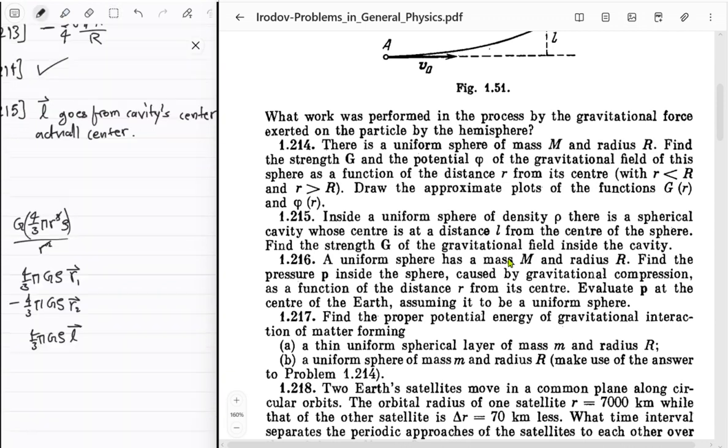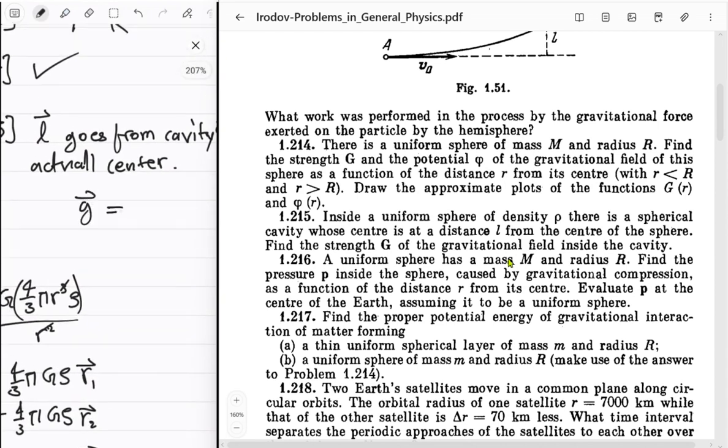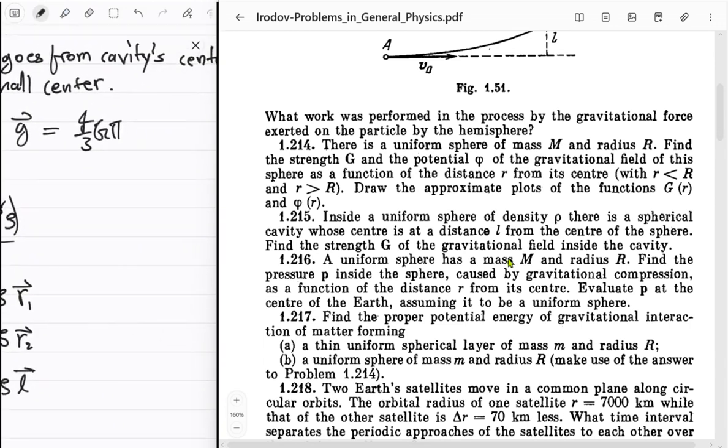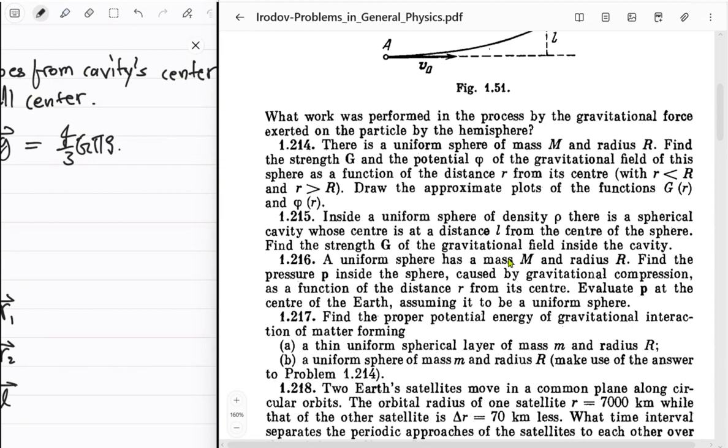And then the field is just this guy, 4/3 G pi rho L vector. There we go. Next question.